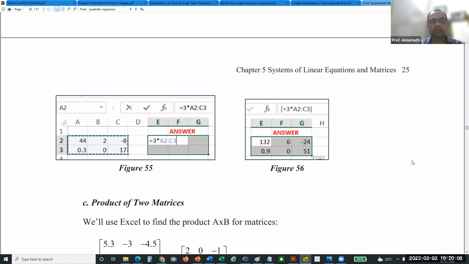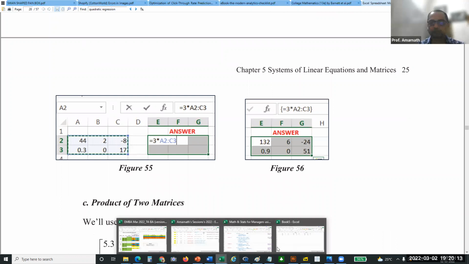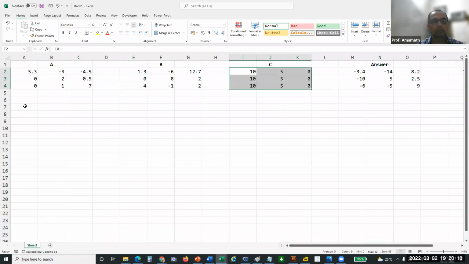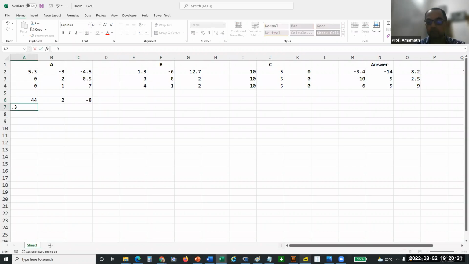I have some numbers here: 44, 2, minus 8, minus 44, 2, minus 0.3, 0, 17.